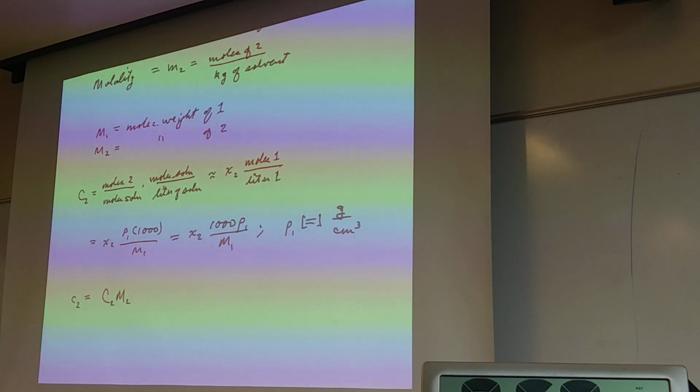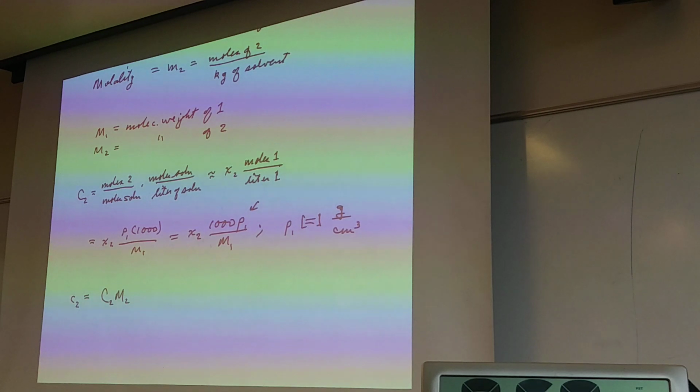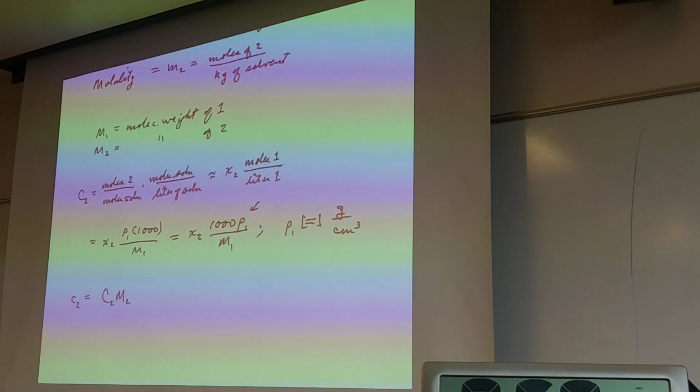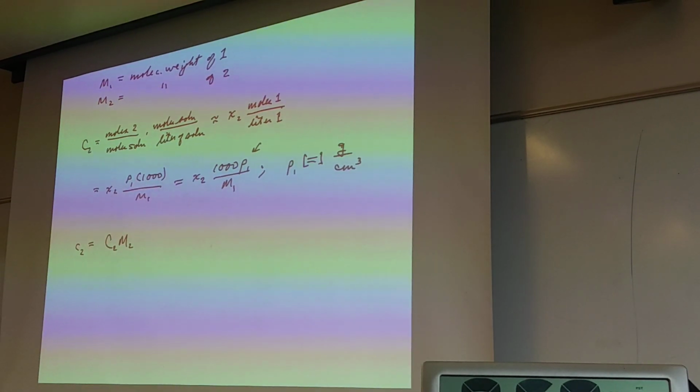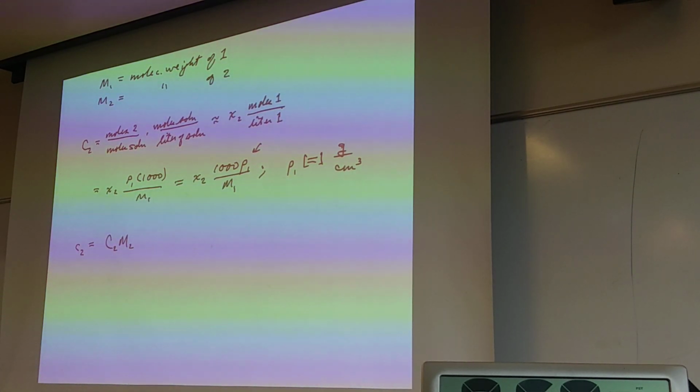The proportionality factor there would be the same as I've got here above times M2. And it may be evident why this is a useful unit when we're dealing with solutions of polymers. But the really important one that I want to emphasize here is the molality, that's little m2.